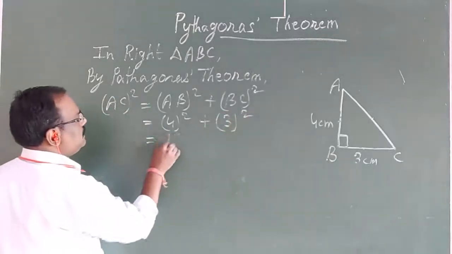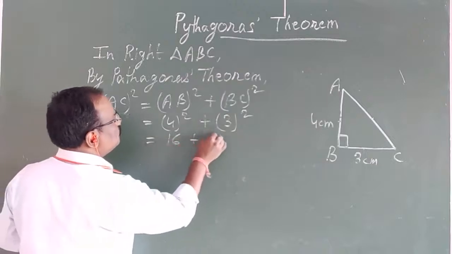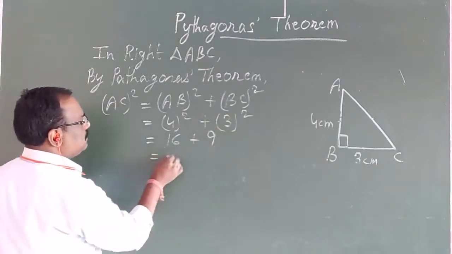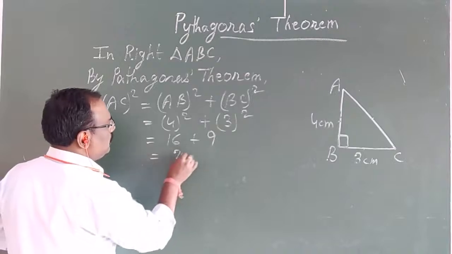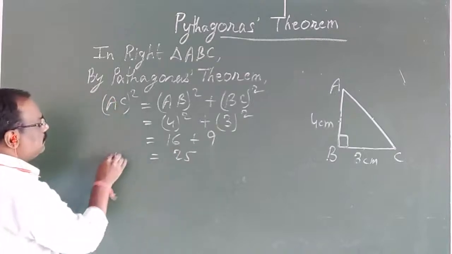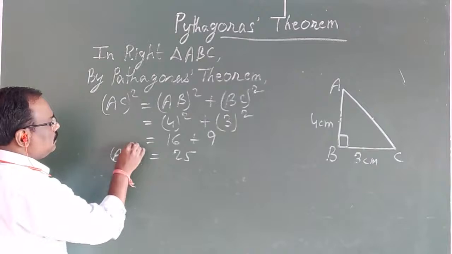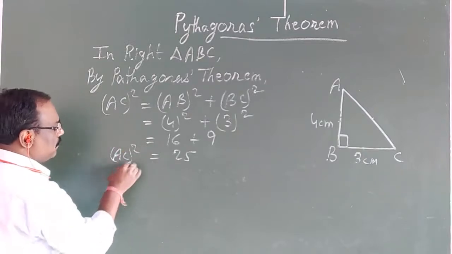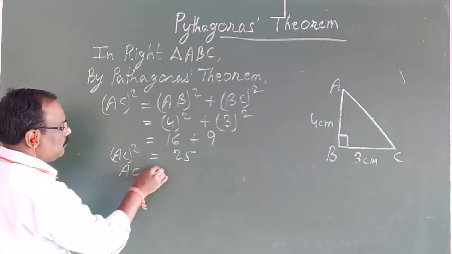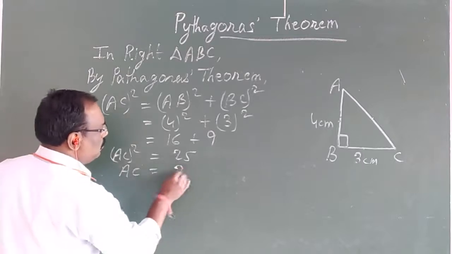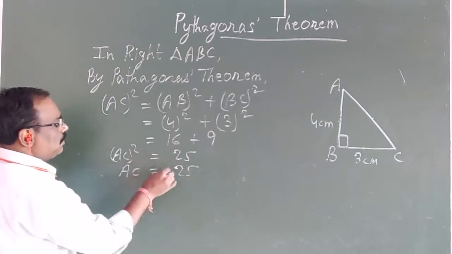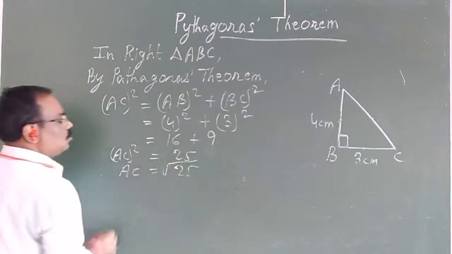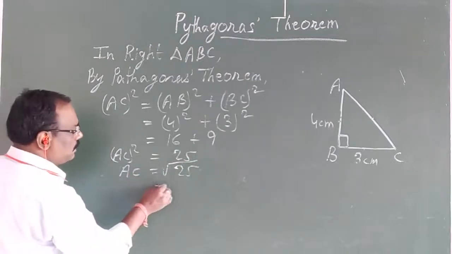Now 4 square is 16 plus 3 square is 9. When we add these two, we get 25. So we can write here AC square is equal to 25. Now we need AC, so we will write AC is equal to root 25.